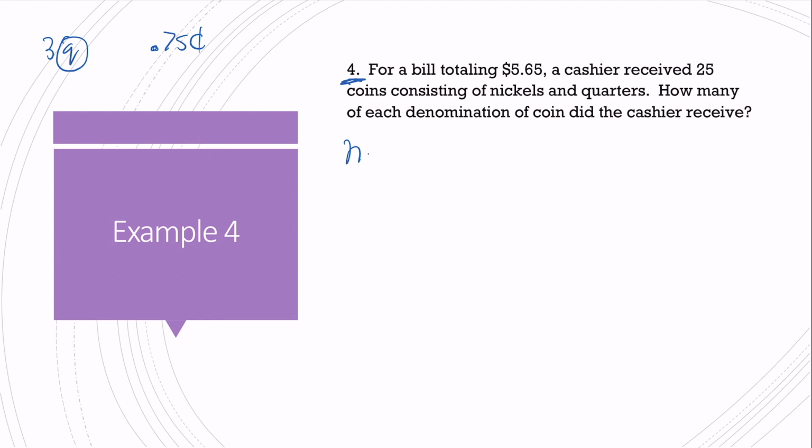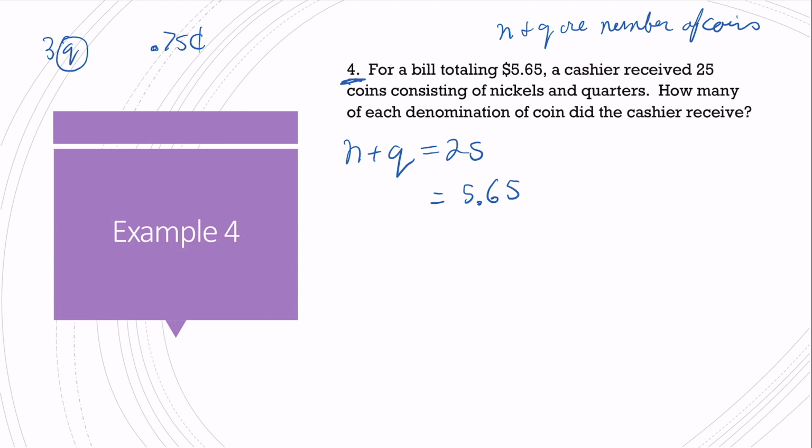So I'm going to use N and Q, where N and Q are the number of coins. The number is different than the value. N and Q is 25.